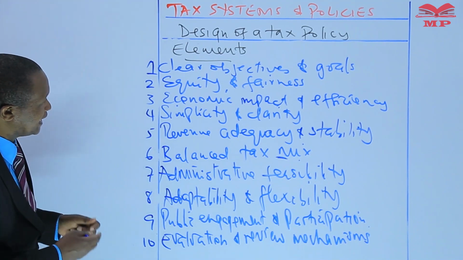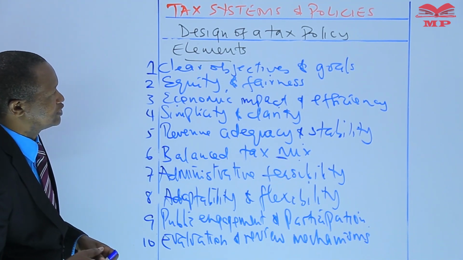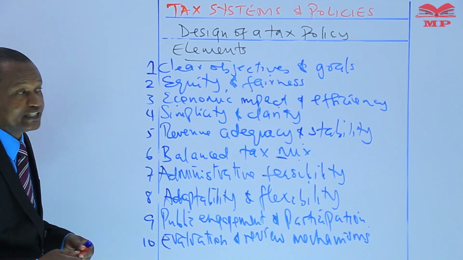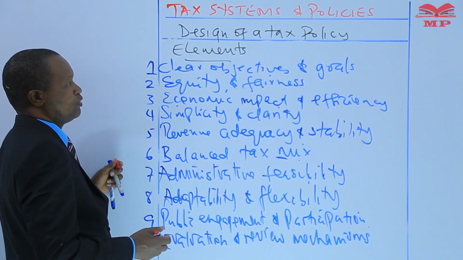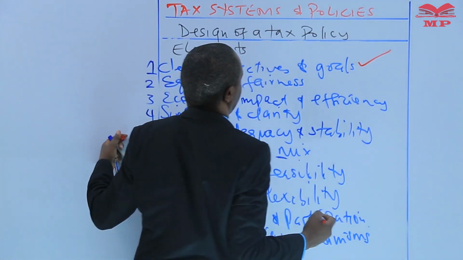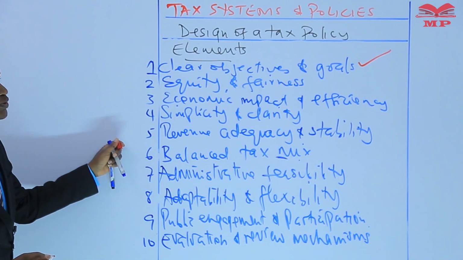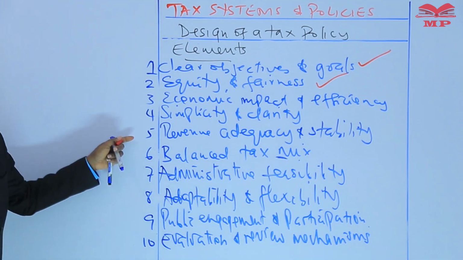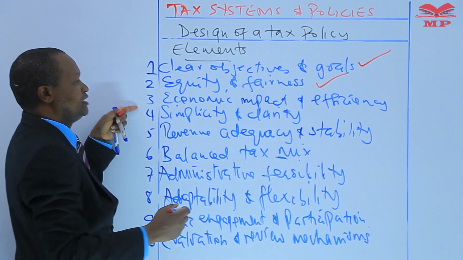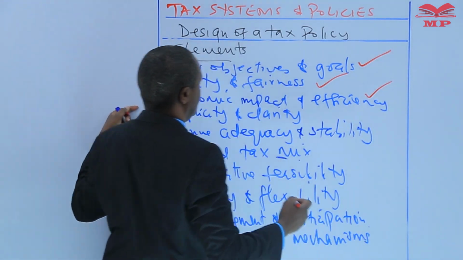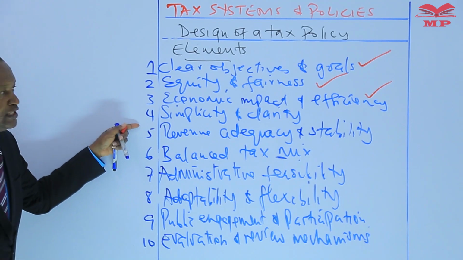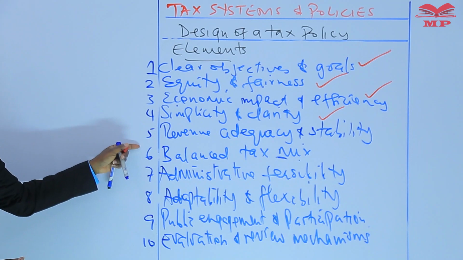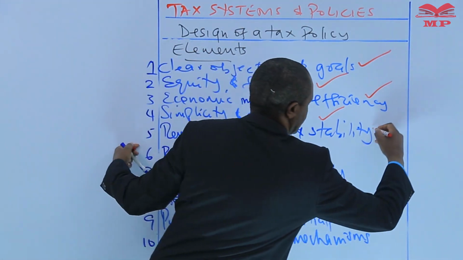So candidates, these are 10 factors or elements to put into consideration when designing a tax policy. Number 1, clear objectives. Number 2, equity and fairness. Number 3, economic impact and efficiency. Number 4, simplicity and clarity. Number 5, revenue adequacy and stability.